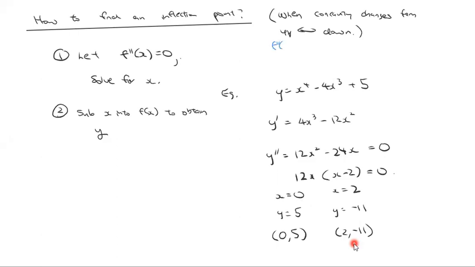If the second derivative equals 0, does that mean we've got an inflection point? So my question is, our second derivative equals 0. Does that mean we have an inflection point?